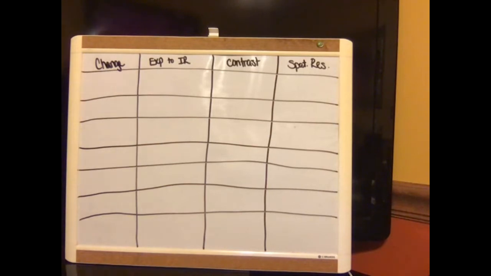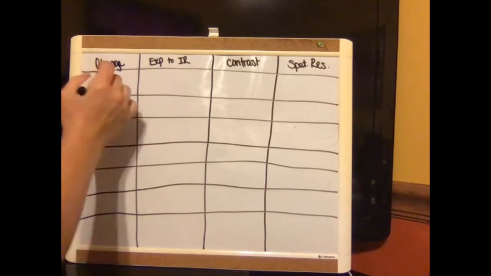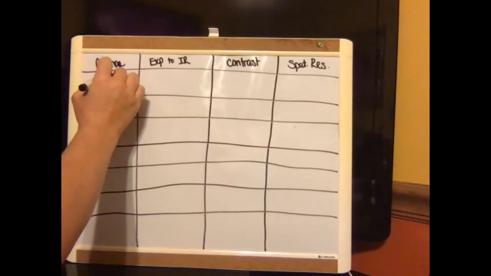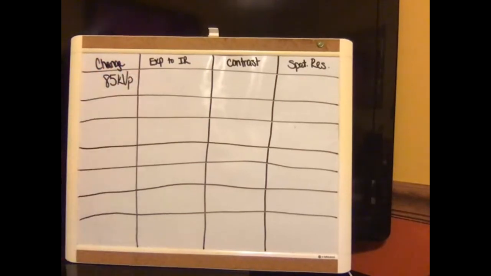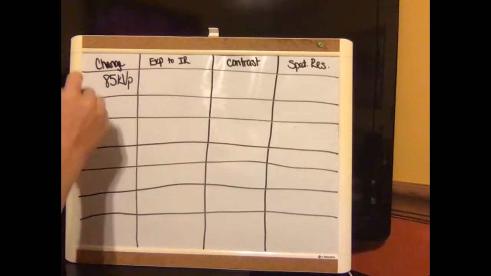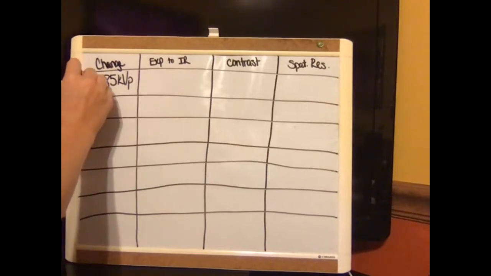So the first thing says that we're going to go to an 85 kVp. We started with 70 kVp, so this is an increase.